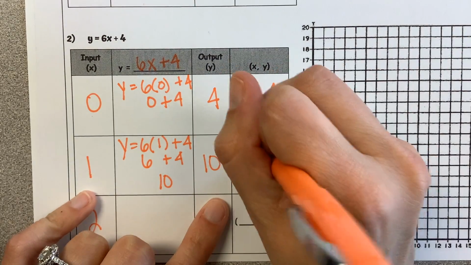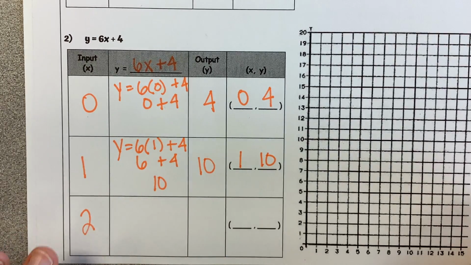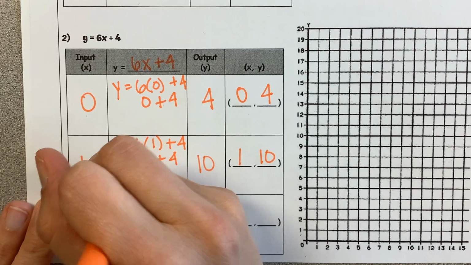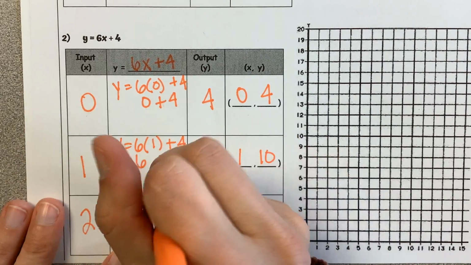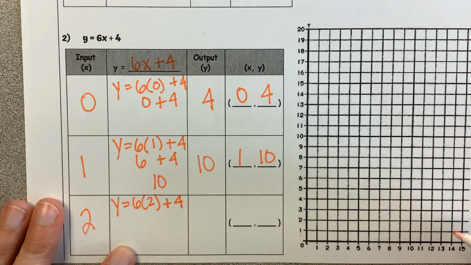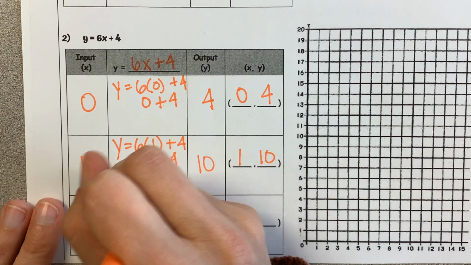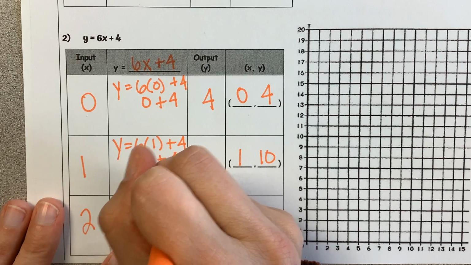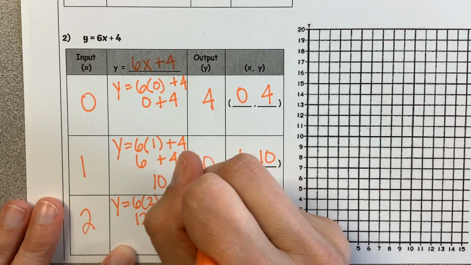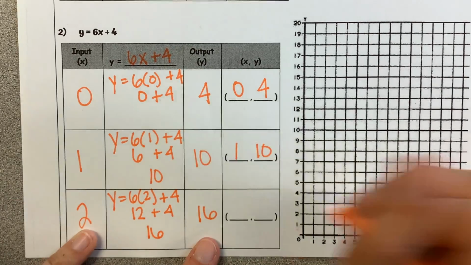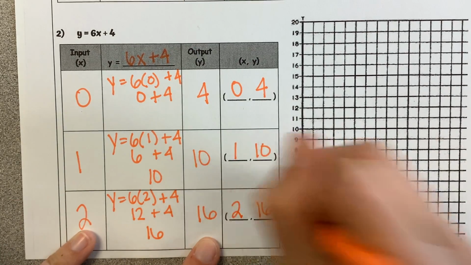Input of 1, output of 10. And last one, plugging in 2. y equals 6 times our input of 2 plus 4. 6 times 2 is 12. Bring down the plus 4. 12 plus 4 is 16. So our output is 16. So ordered pair, 2, 16.